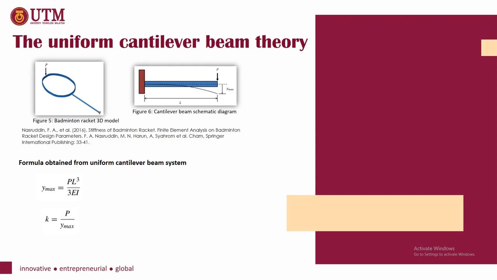As for the formula, maximum deflection Ymax is equal to PL^3 over 3EI, where P is the concentrated force applied at the end of the frame, L is the length of the shaft, E is the modulus of elasticity for the material chosen, and I is the moment of inertia of the cross-section of the shaft. As for the formula of stiffness, K is equal to P, the force, over maximum deflection Ymax. The Ymax value can be obtained from the simulation results.